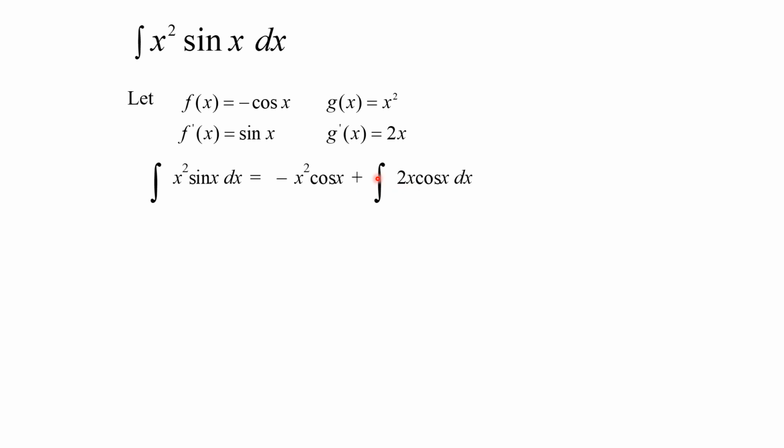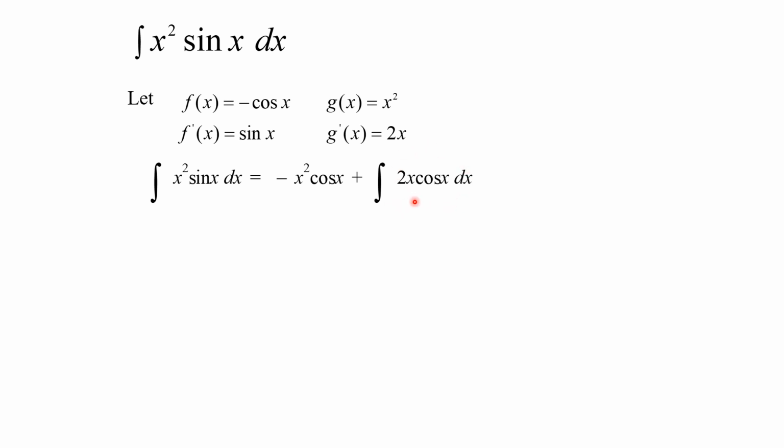The negative cos x turns the minus into plus. So if you look at your first attempt of integration by parts, you will reduce your question to negative x squared cos x plus integration of another function, which is a product of two different functions: 2x and cos x.